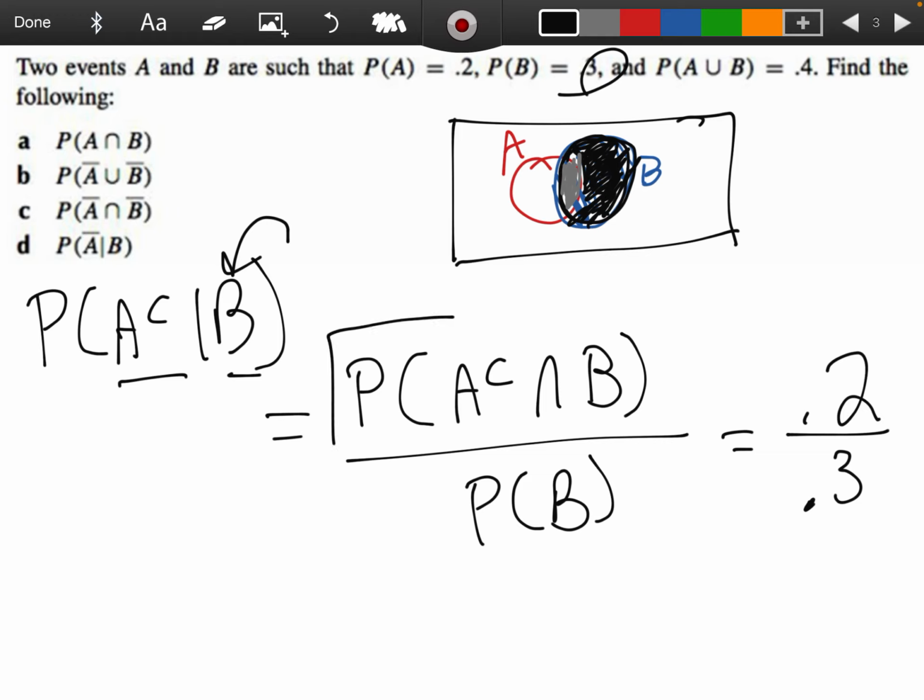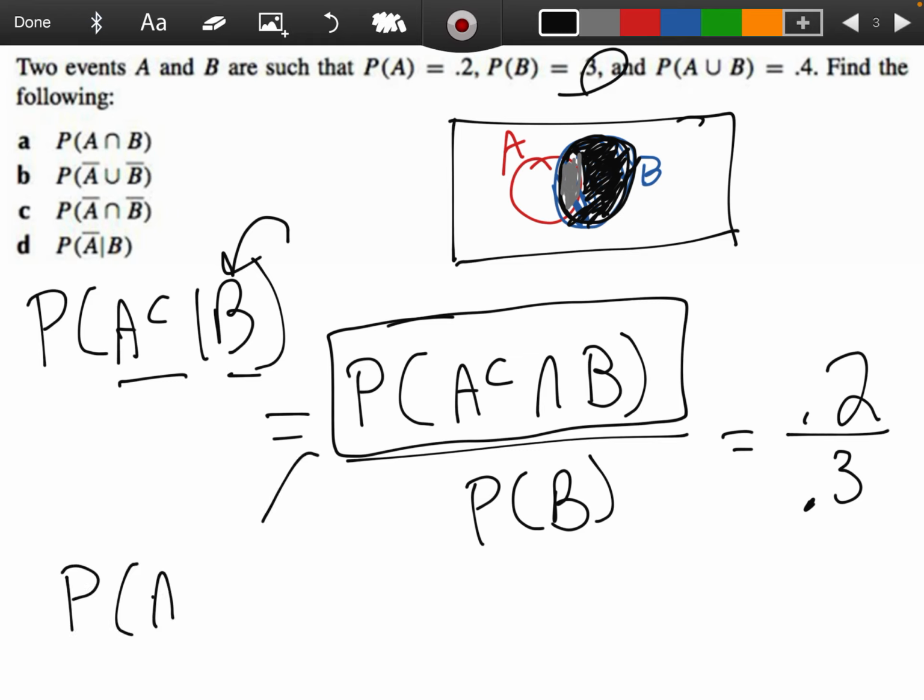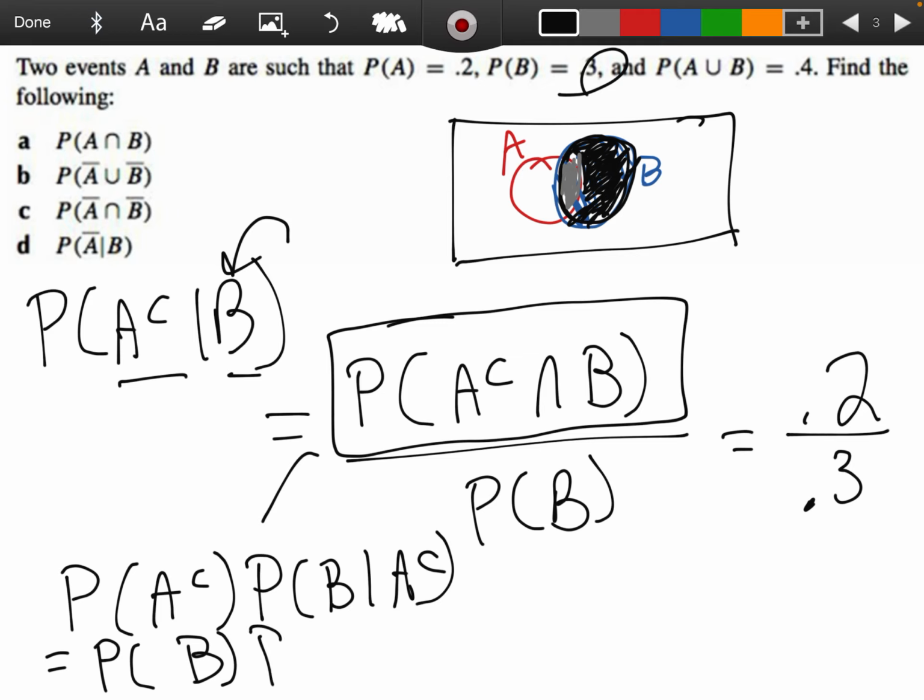If you want to calculate it, we can go further. We can think about this as the probability of A complement times the probability of B given A complement, or we can think about the probability of B times the probability of A complement given B. But I'm not going to go through that here.